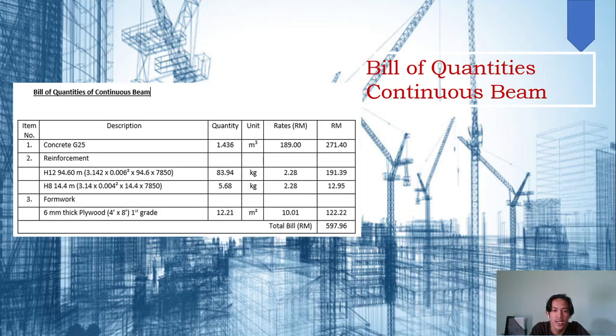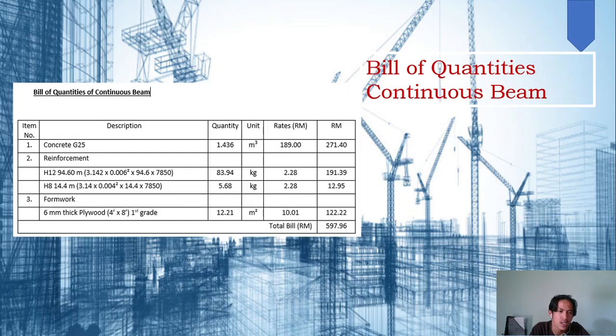The price of the reinforcement is 191.339. And also for the H8, the quantity is 5.68 kg. The latest rate is the same, and the price that we will use is 12 ringgit.